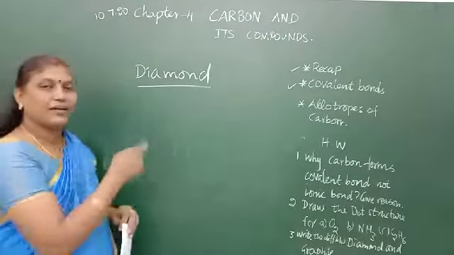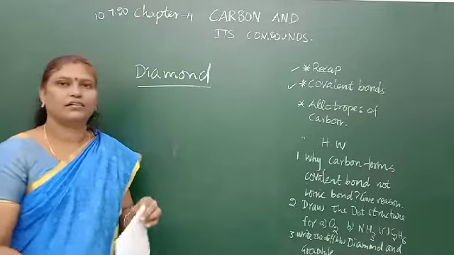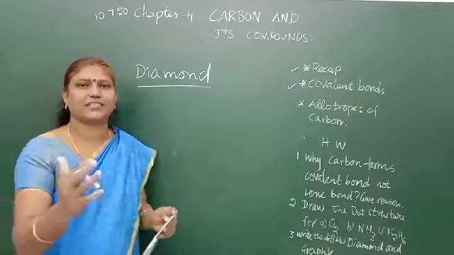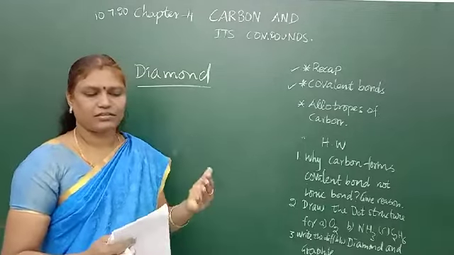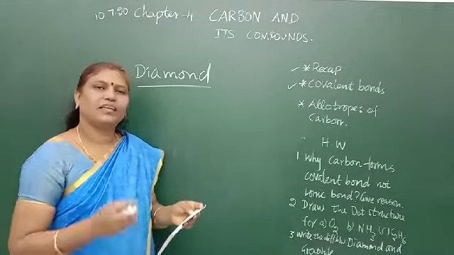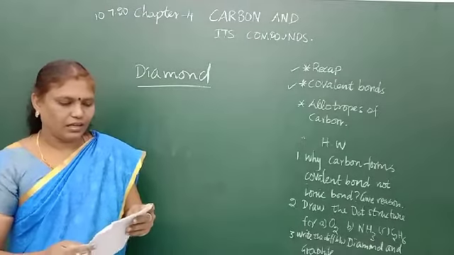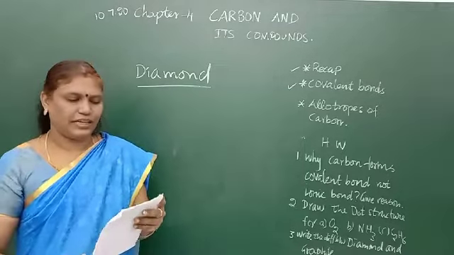Diamond occurs in free state. We can also make diamond artificially. Diamond is the hardest substance in the world. It is a bad conductor of electricity, and it is transparent in nature.